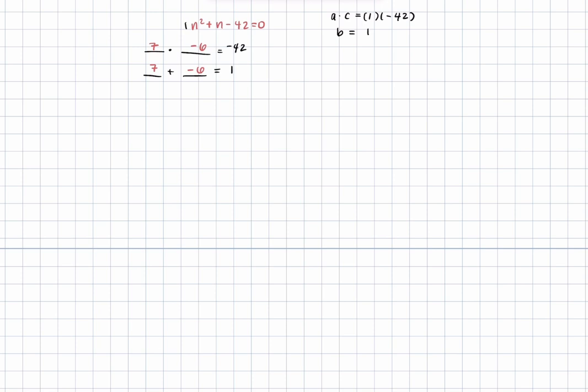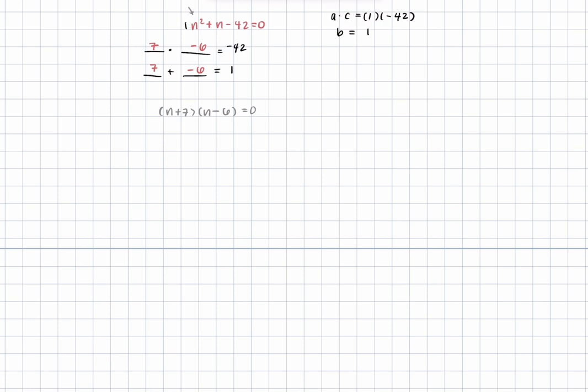Okay, so now we can make our parentheses. In this case it would be n plus 7 times n minus 6. Then we're going to set this equal to 0 to find our roots or solutions to this equation.